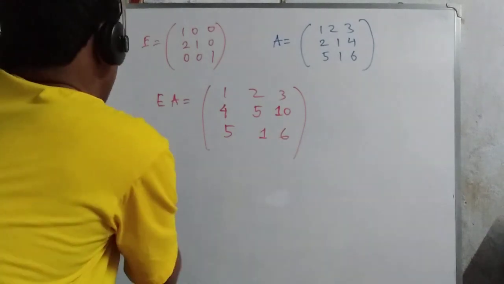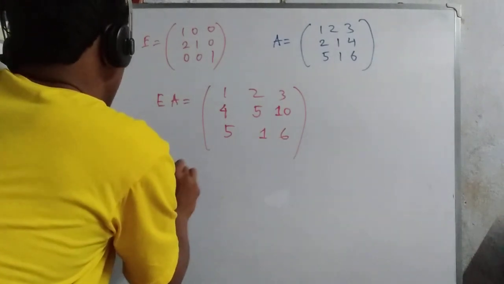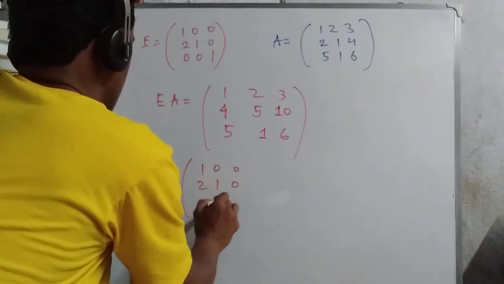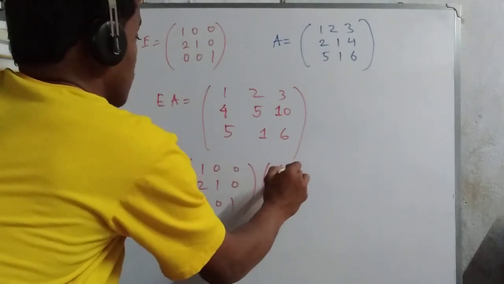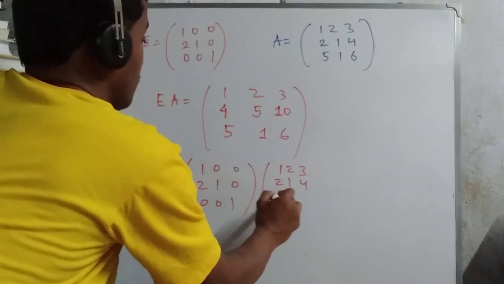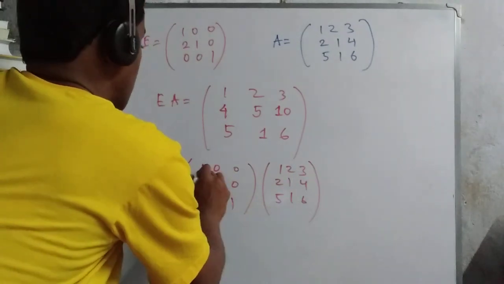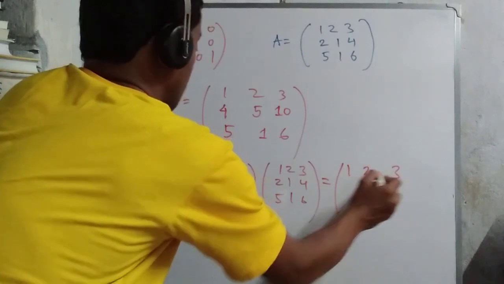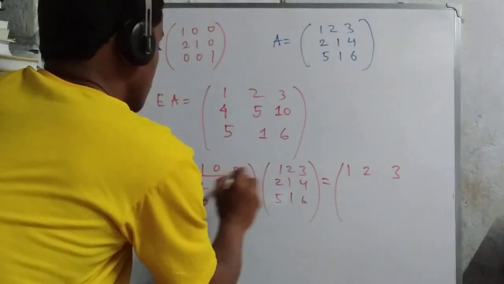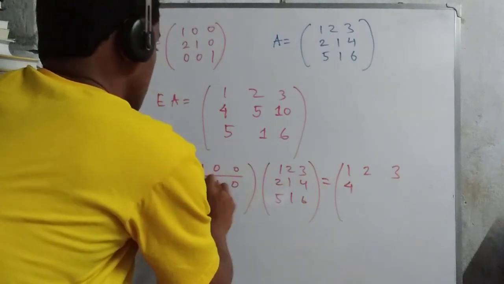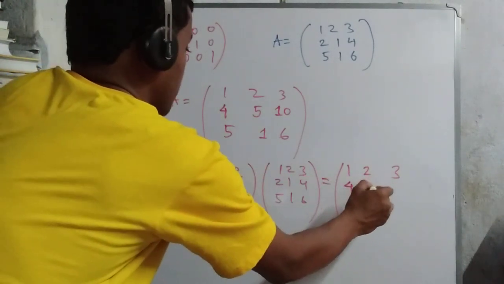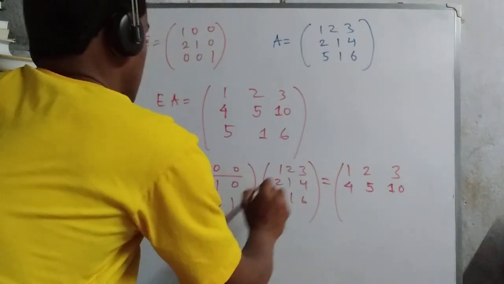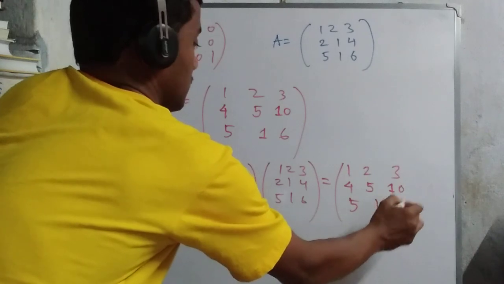In this way we again multiply these two, then what happens? We also check it now: 1 2 3, 2 1 4, 5 1 6. Then here 1 0 0, 2 1 0, 0 0 1.